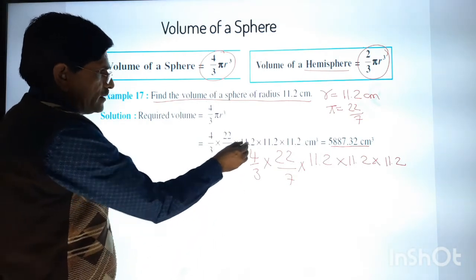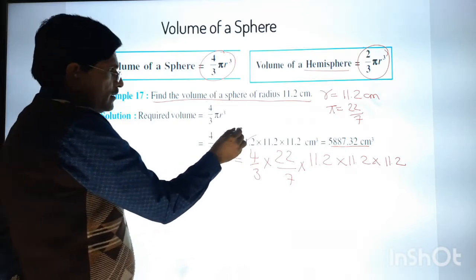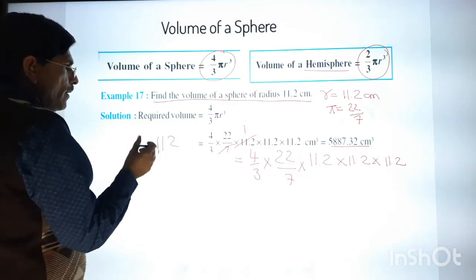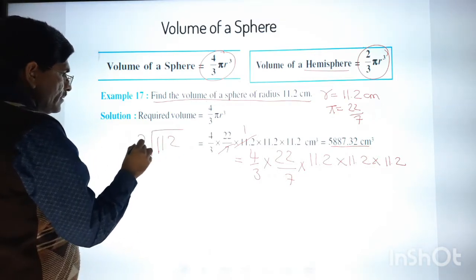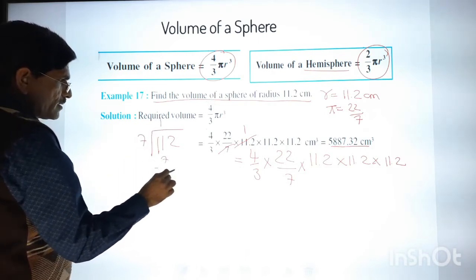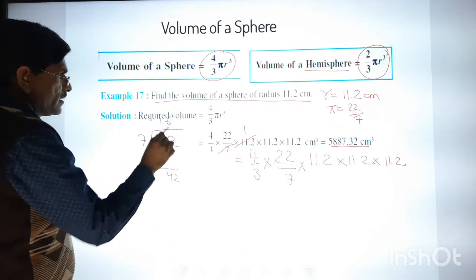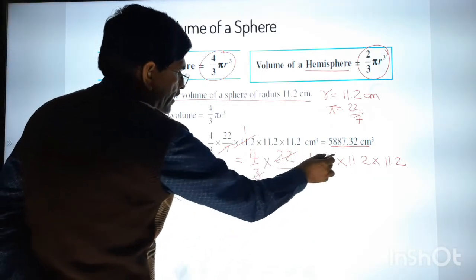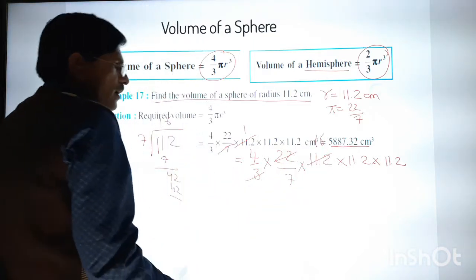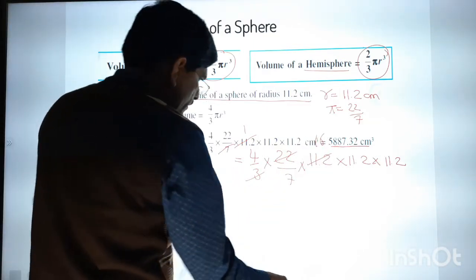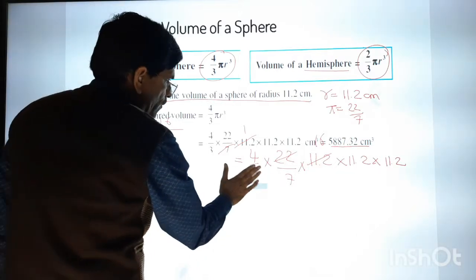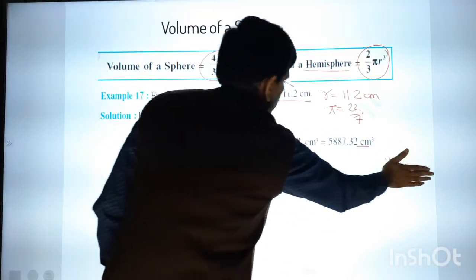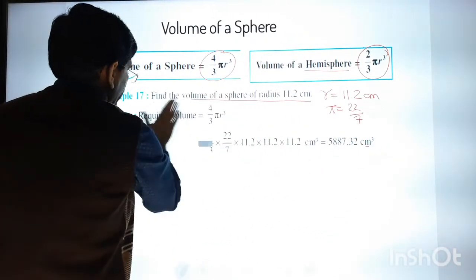Generally, if I divide this by 7, 112 divided by 7 is 16.